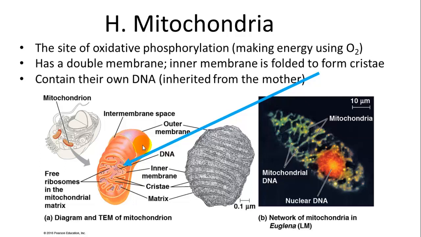So in the process of sexual reproduction, females actually contribute more, obviously, but even in the beginning parts of the growing fertilized egg, the female is contributing mitochondria in addition to all the other nutrients.